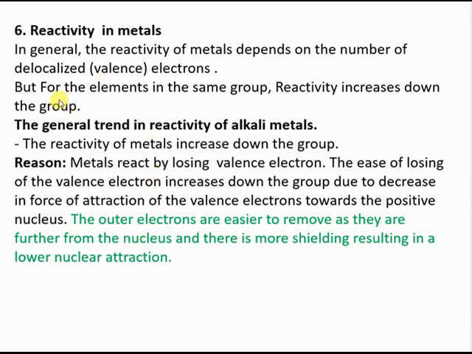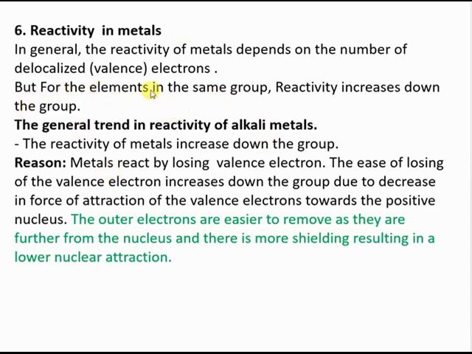If we compare magnesium and sodium, sodium is very reactive compared to magnesium. Why? Magnesium has 2 electrons in the outermost energy level. Therefore, it requires a lot of energy to remove 2 electrons from the outermost energy level, and it is easier to remove 1 from sodium. That's why sodium is very reactive.